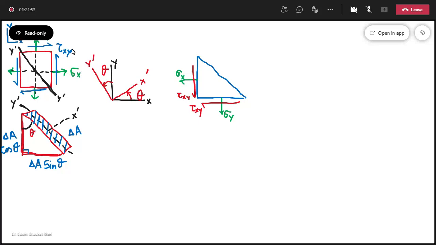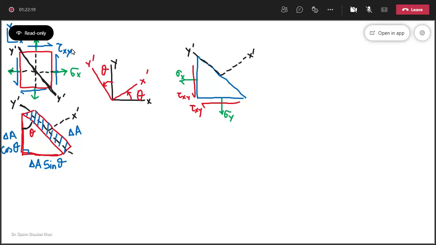with reference to the y dash axis and x dash axis, this is my y dash axis and this is my x dash axis. So these are the values of the stresses: sigma y, sigma x, tau xy, tau xy.